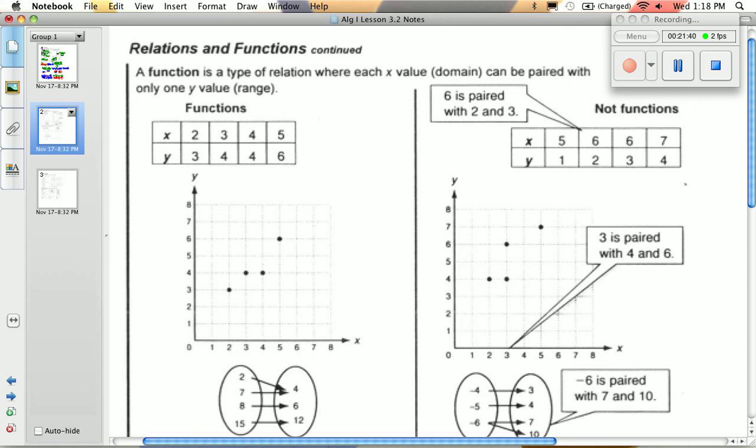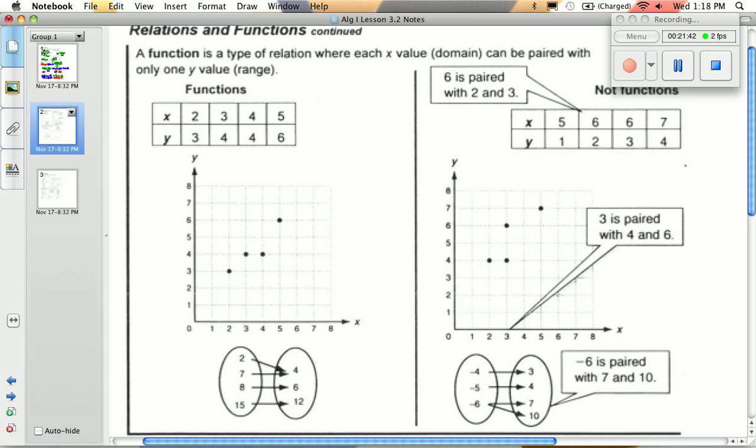So in this one, notice, when x is 2, y is 3. When x is 3, y is 4. 4, 4. Some of you are maybe right now saying, but wait a minute, there's 2 4s. But does the y control this situation or does the x? The x does. Each x can only have one y.